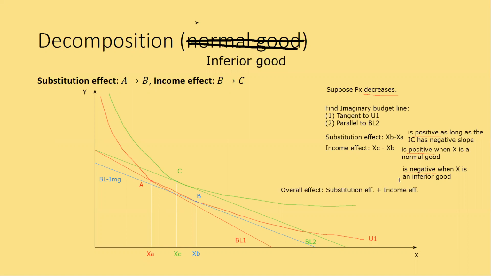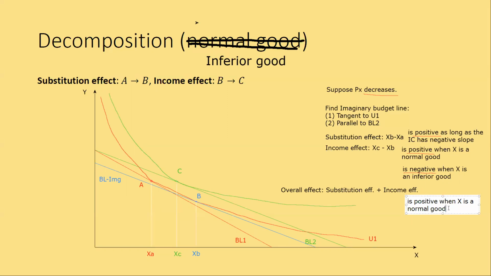What can we say about this term? Well, it's quite obvious that when this good is a normal good, both the substitution effect and the income effect are positive. Therefore, the overall effect must be positive if the good is a normal good.